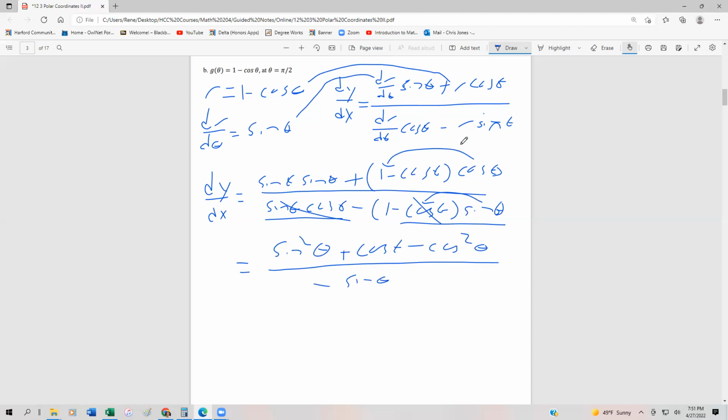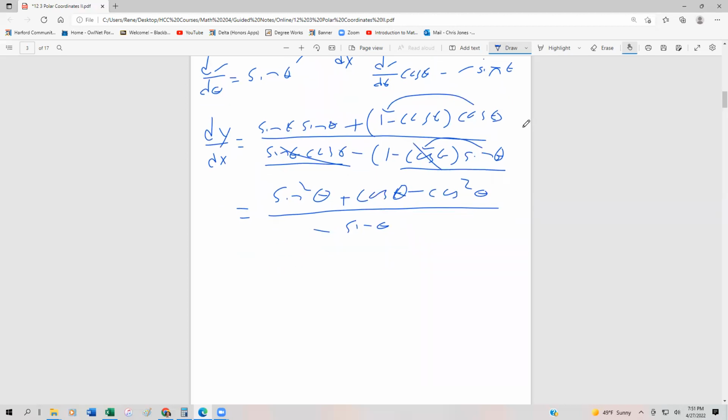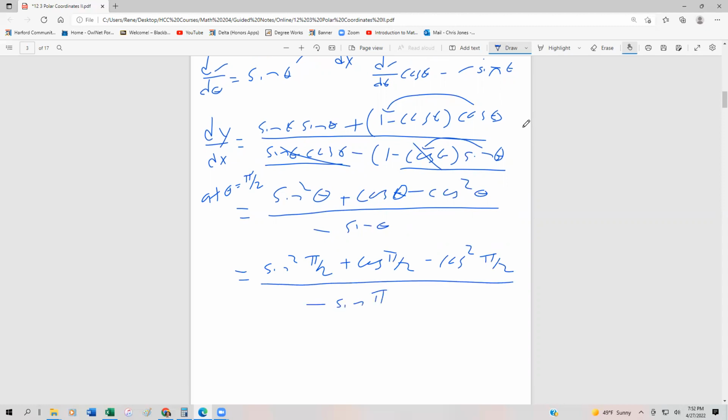And so finally, what we're going to do is substitute back in at theta equals pi halves. And so when we do that, we're going to end up with sine square of pi halves plus cos pi halves minus cos square pi halves divided by opposite sine pi halves.